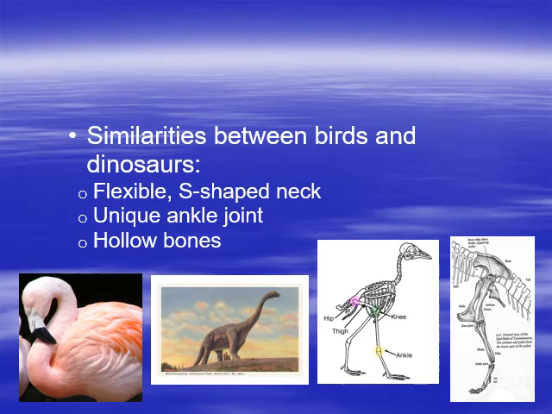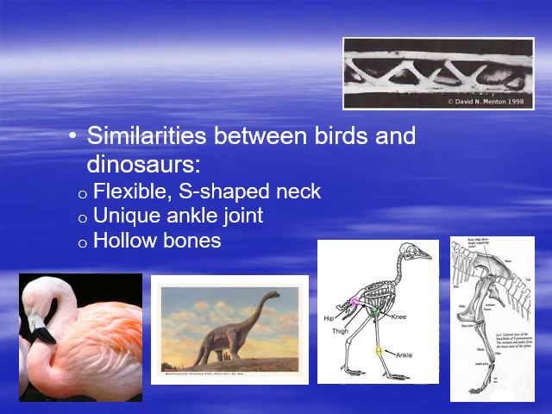Also, something that they share is hollow bones. So when we look at the bones of birds, they have these air pockets in them. Also, when we look at dinosaur fossils, they also have those air pockets. Many dinosaurs had hollow bones.